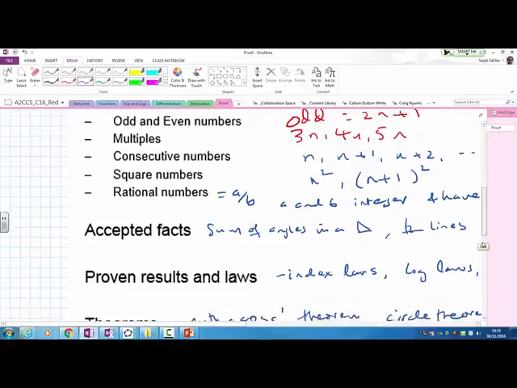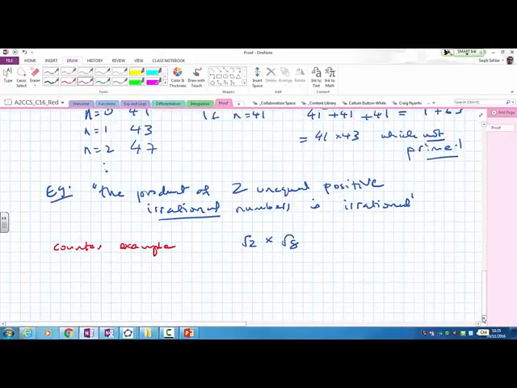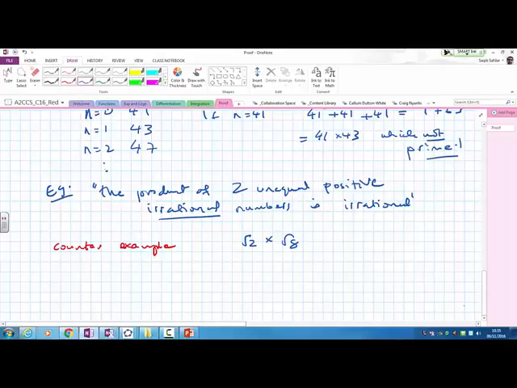But an irrational number can't be, like square root of 2, pi, etc. So square root of 2 times square root of 8 gives us the square root of 16, which is 4. But this is a rational number. So I've just found an example where I've got an integer, which is not an irrational number.